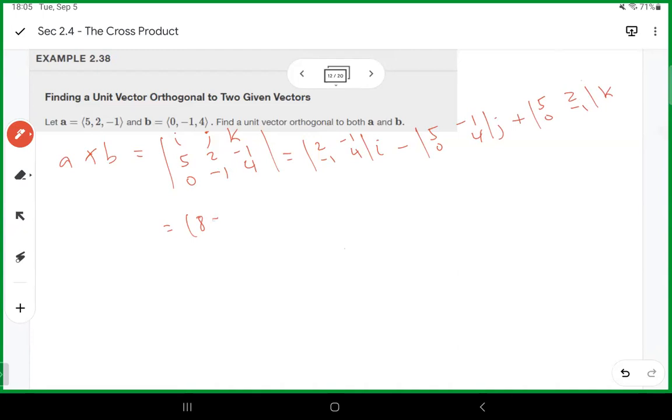Nope, that's a typo. It should be a plus 1, i, minus 20 minus 0, j, plus negative 5 minus 0, k. Which would give us 9i minus 20j minus 5k.